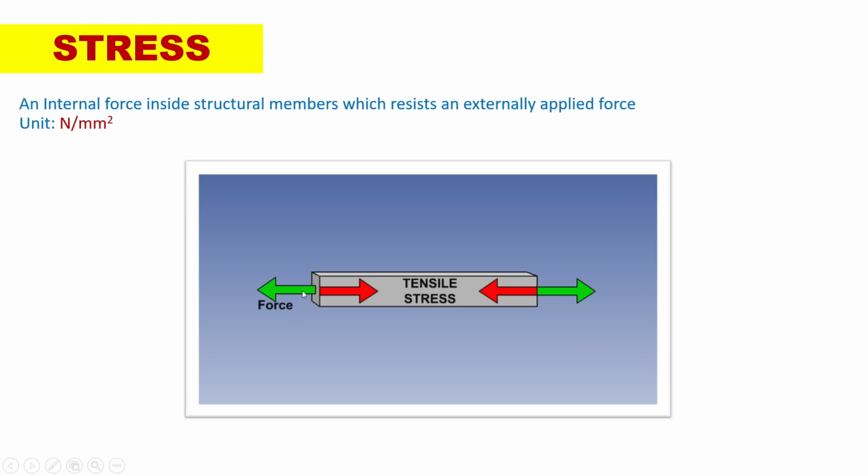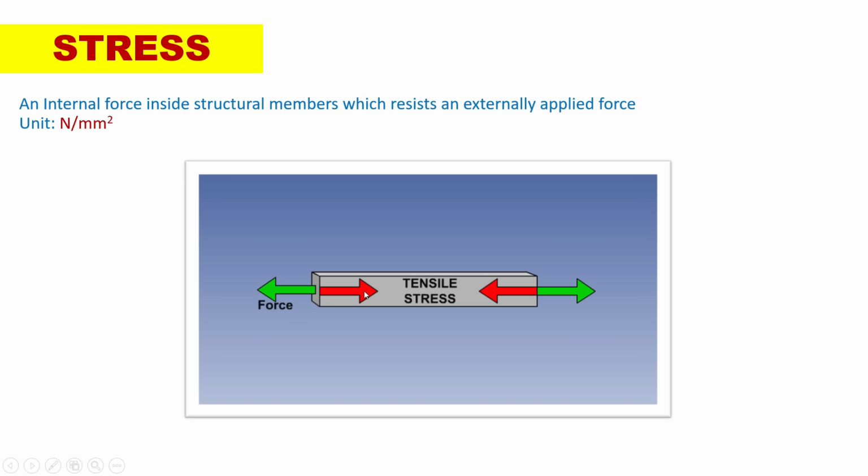Okay, and Newton's third law, as you know, says that every action has an equal but opposite reaction. So these red arrows will be set up inside the material exactly opposite to it of the same magnitude. So these green arrows are where I am applying force, and the red arrows are what is being felt inside the material.